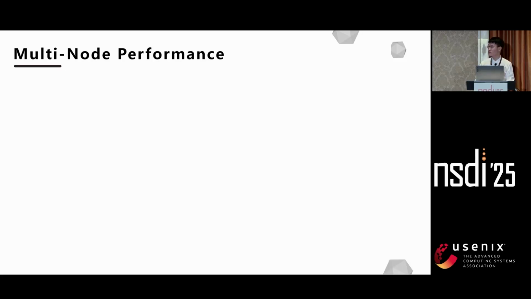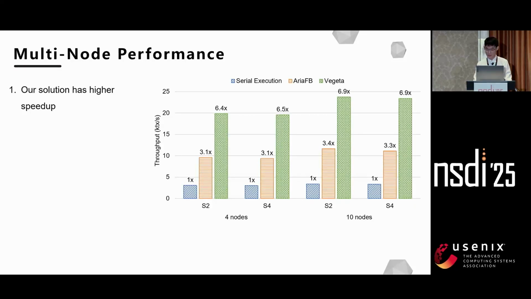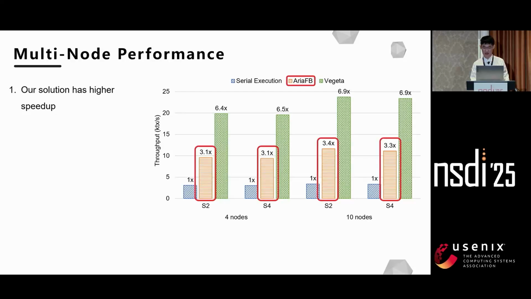We highlight our performance in the multi-node setting, which is one of the main contributions of our solution. We can see that Aria is the state-of-the-art concurrency control protocol. It executes transactions in parallel without any prior knowledge. During execution, it has to validate the execution results and detect conflicts dynamically. Those conflicted transactions have to be aborted and re-executed.